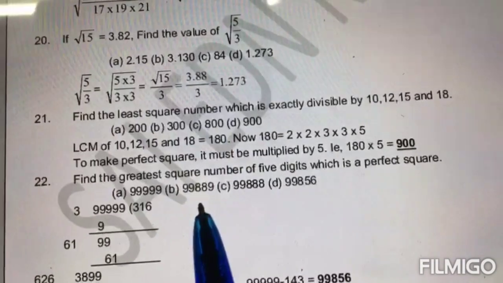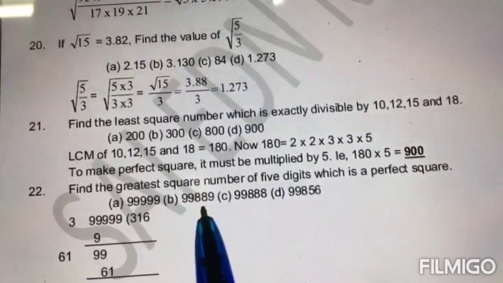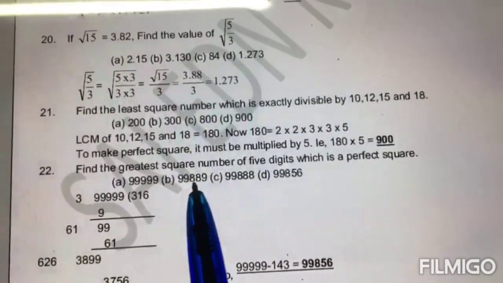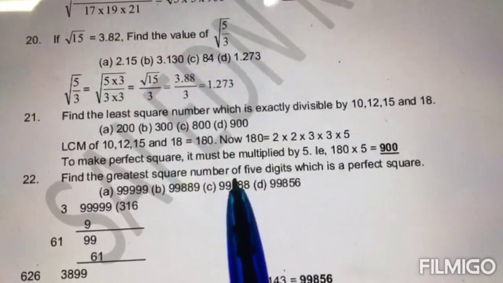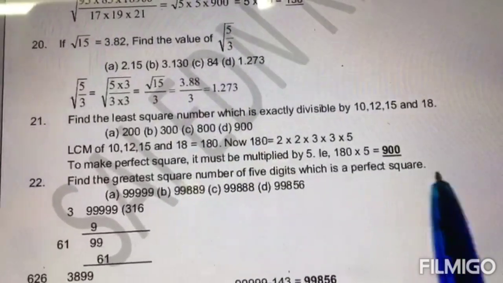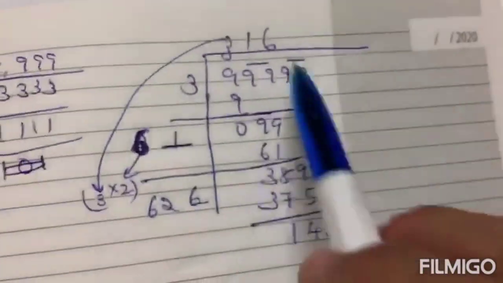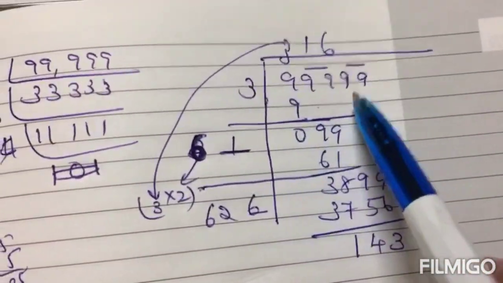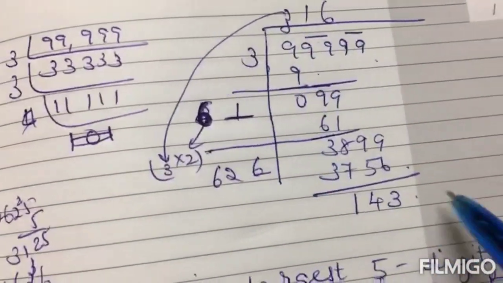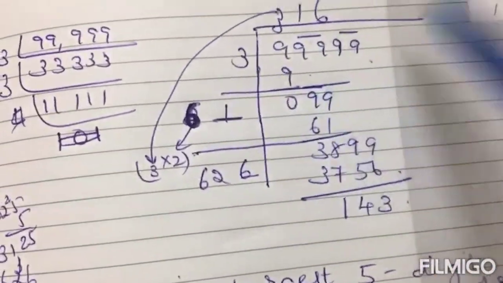Let us do 22. Find the greatest square number of 5 digits, which is a perfect square. Okay. Now we know that the largest 5-digit number is 99999. Now we can find the square root by a method called the long division method.